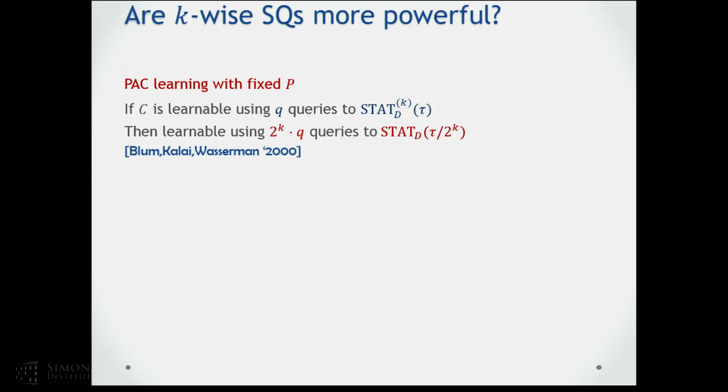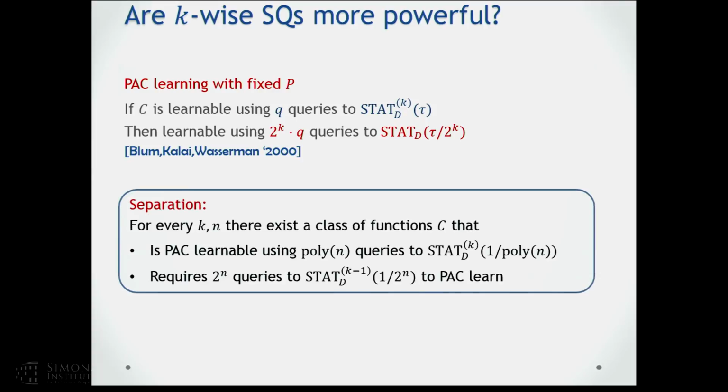As a first step, we show that in this more general setting, increasing the arity of your queries by 1 can already increase the power of the model exponentially. Specifically, for every k and n, there exists a class of functions C that is learnable efficiently, using a polynomial number of queries to a k-wise oracle with inverse polynomial accuracy.